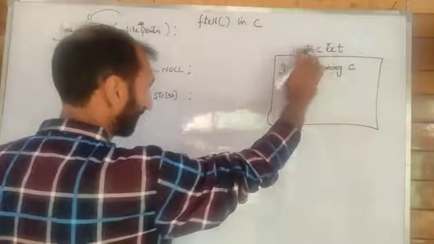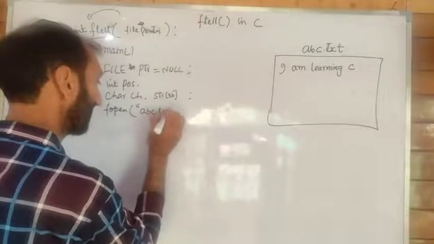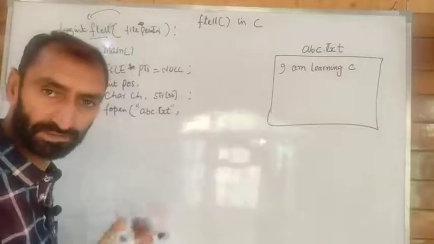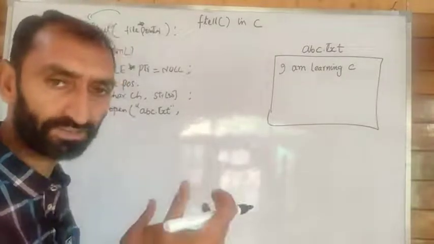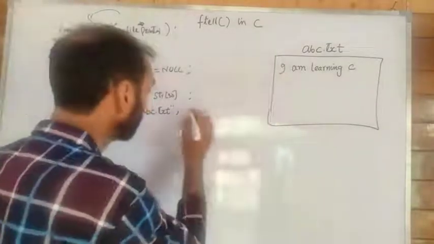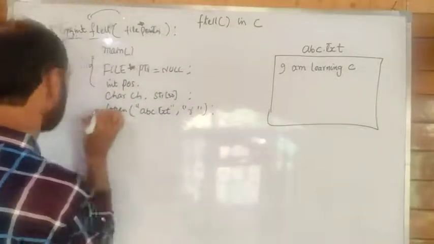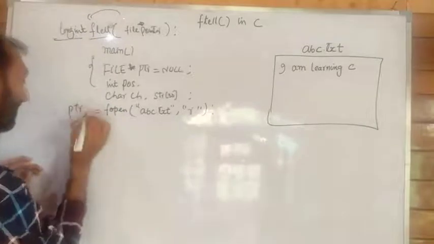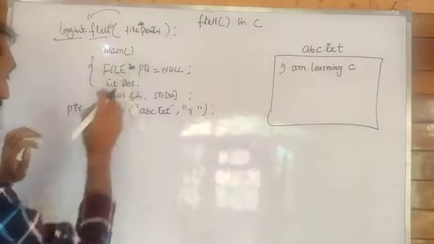First, the name of the file, that is abc.txt, and second, the mode in which we want to open it. At present, we want to open it in read mode only. So it will return a file pointer. It will return the address that is going to be stored in this ptr.